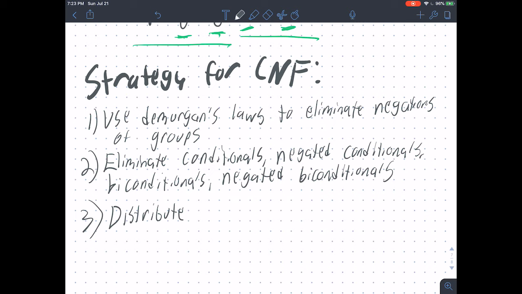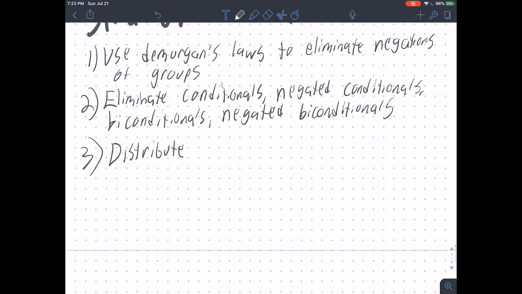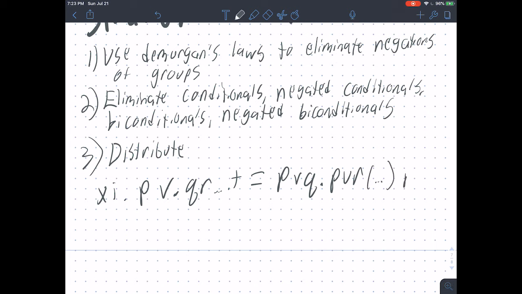And the reason why you want to use Rule 11 is, well, you might have to apply it more than once, but if all you need to do is distribute alternation through conjunction, according to Rule 11, and here is Rule 11, right, so that's Rule 11.